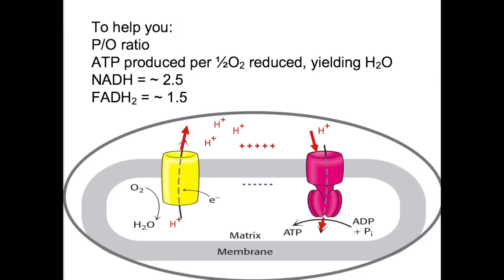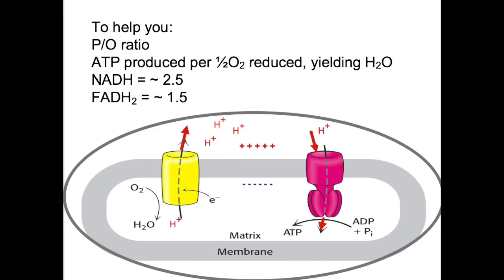So how much ATP can you get from NADH? How much can you get from FADH2? To understand how much ATP can be produced, you'd have to take these electron carriers, NADH and FADH2, one at a time. So for instance, let's say we start with electrons that come in by way of NADH.